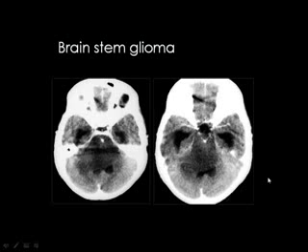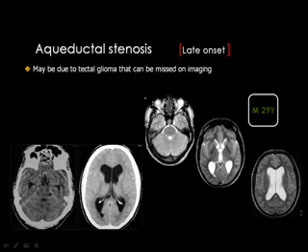Then brainstem gliomas, which are also common in the pediatric age group, can compress the region of the aqueduct and also compress the fourth ventricle, producing a similar manifestation. This is a very important issue, which is known as late onset aqueductal stenosis.